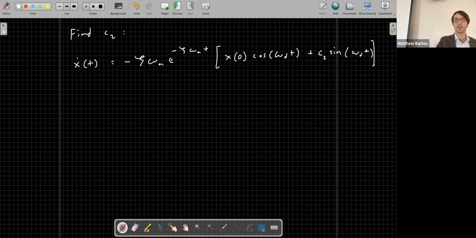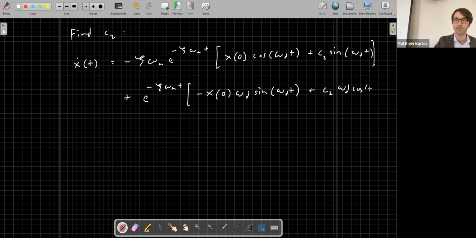Okay, and then plus our other term in the product rule, which will be e to the negative zeta omega n t times, we differentiate each one of these, and we get negative x0 times omega d sine omega d t plus c2 times omega d times cosine omega d t.